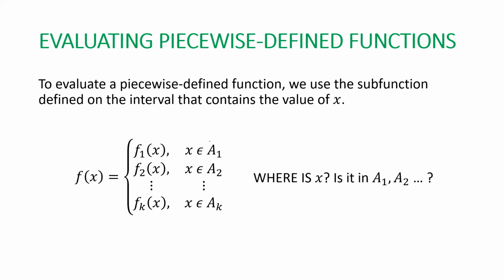Can we find it in a sub 1? Can we find it in a sub 2? Or can we find it in a sub k? So once we find the interval containing x, we substitute that value into the subfunction given for that particular interval.